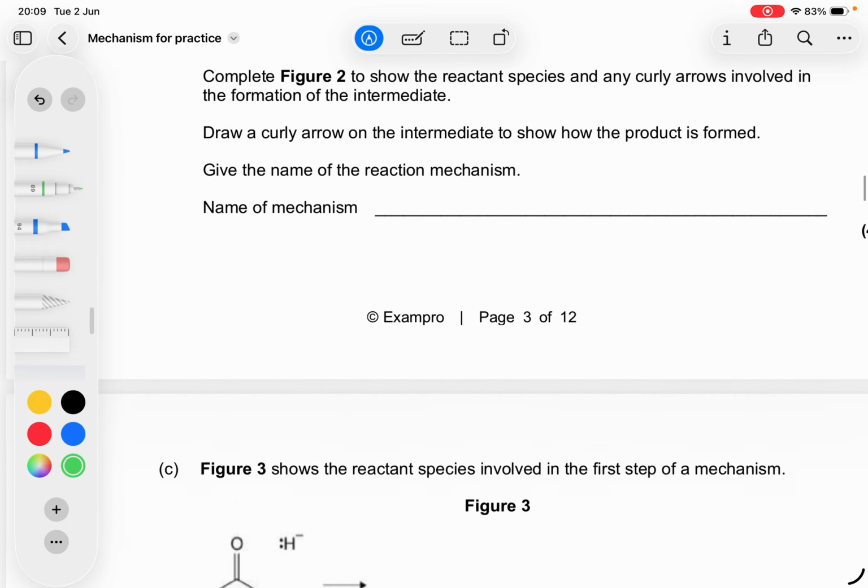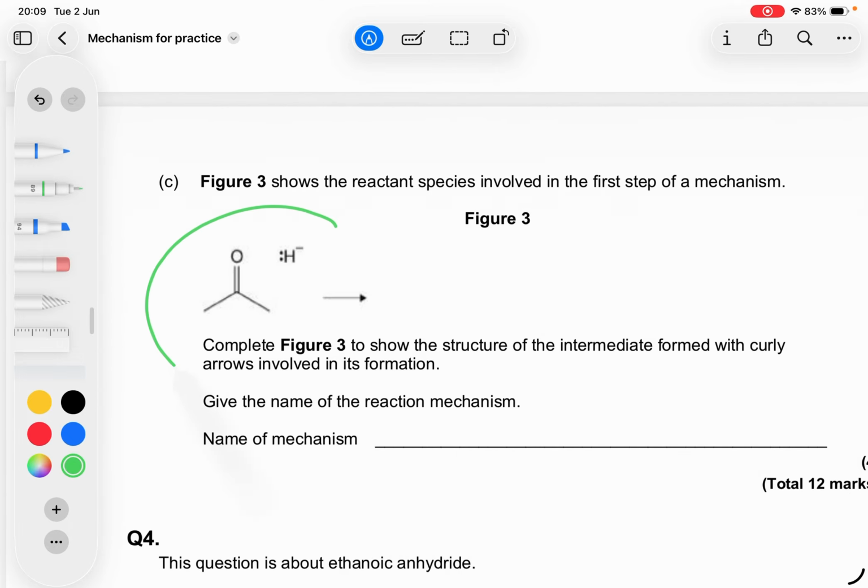And the next mechanism, which I think is crucial, is this one. Now this is nucleophilic addition, because as you know, aldehydes and ketones can react with HCN or KCN, or with NaBH4. So this is coming from NaBH4. So again, this is nucleophilic addition. The C=O bond, there's delta plus, there's delta minus, and the lone pair on the nucleophile attacks the delta plus carbon.